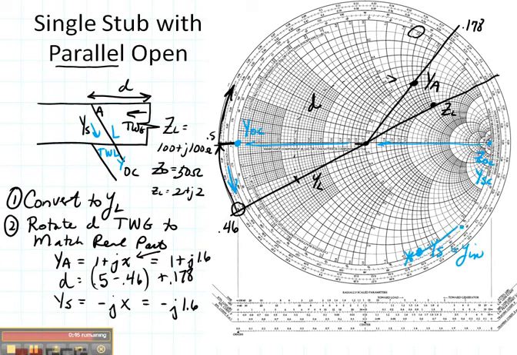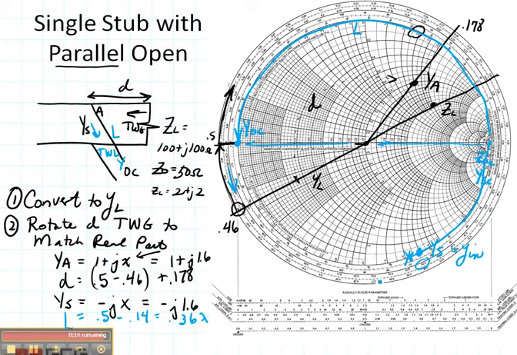Let's go towards the load like so, to get to my YOC, and that distance is L. So L is going to be equal to 0.5 minus, and let's read this value out here, 0.14. So it's about 0.36 wavelengths.